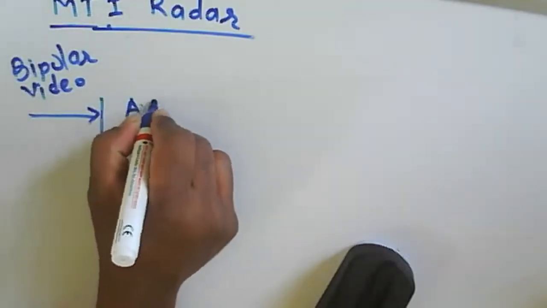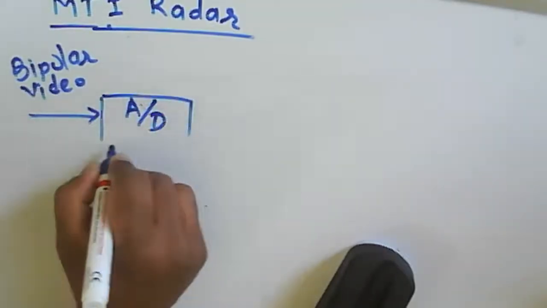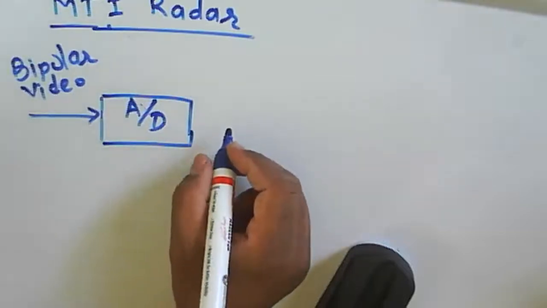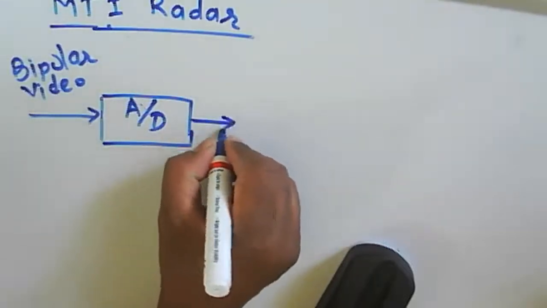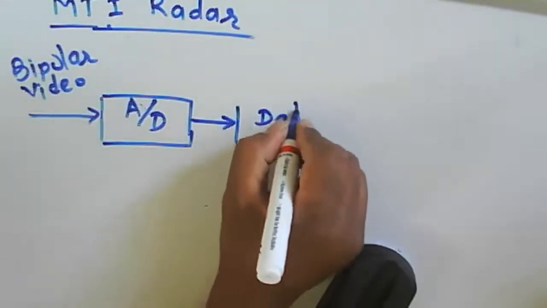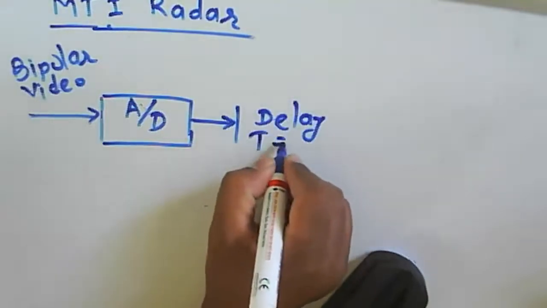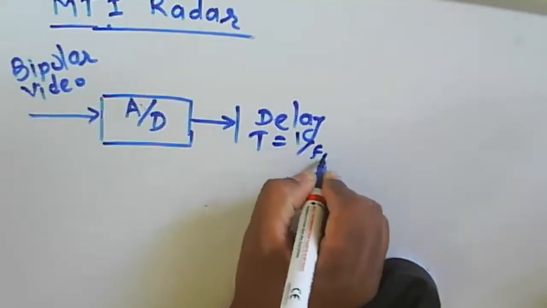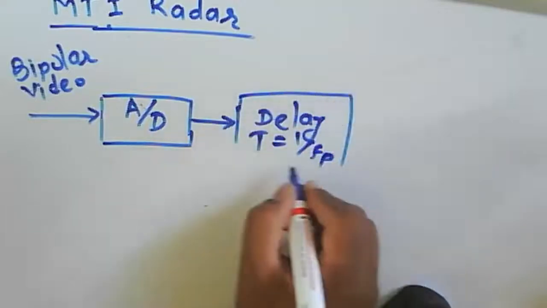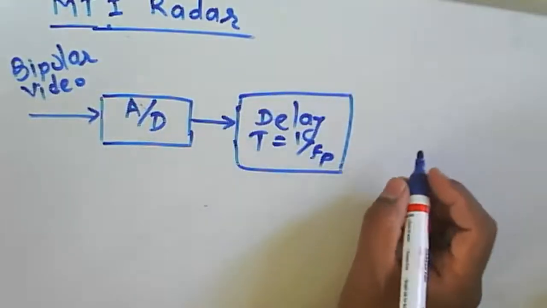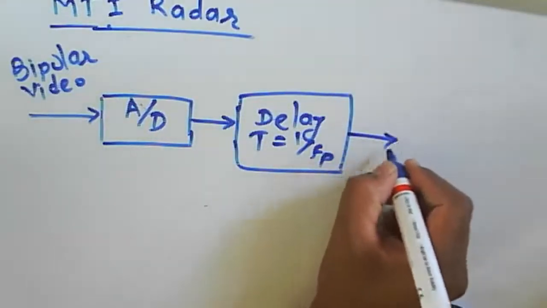Then we need to convert it with an analog to digital converter, the A to D converter. Then we use a delay. That delay is T equal to 1 by Fp. Then we are going to subtract.